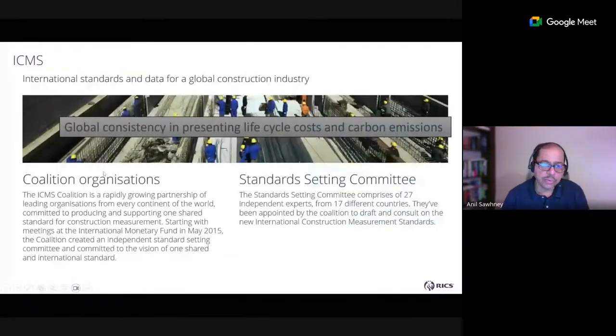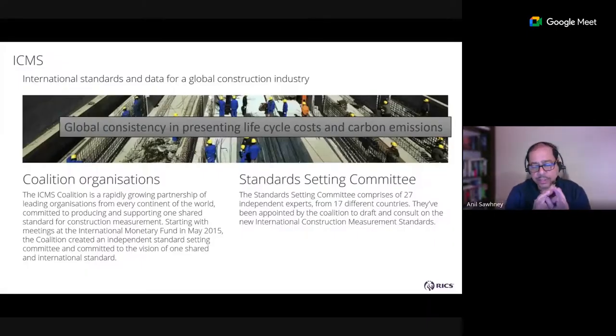So let me start with describing what ICMS is. ICMS is the International Cost Management Standard. It's an international standard to bring about consistency in presenting life cycle costs and carbon emissions. So that statement itself tells you everything.